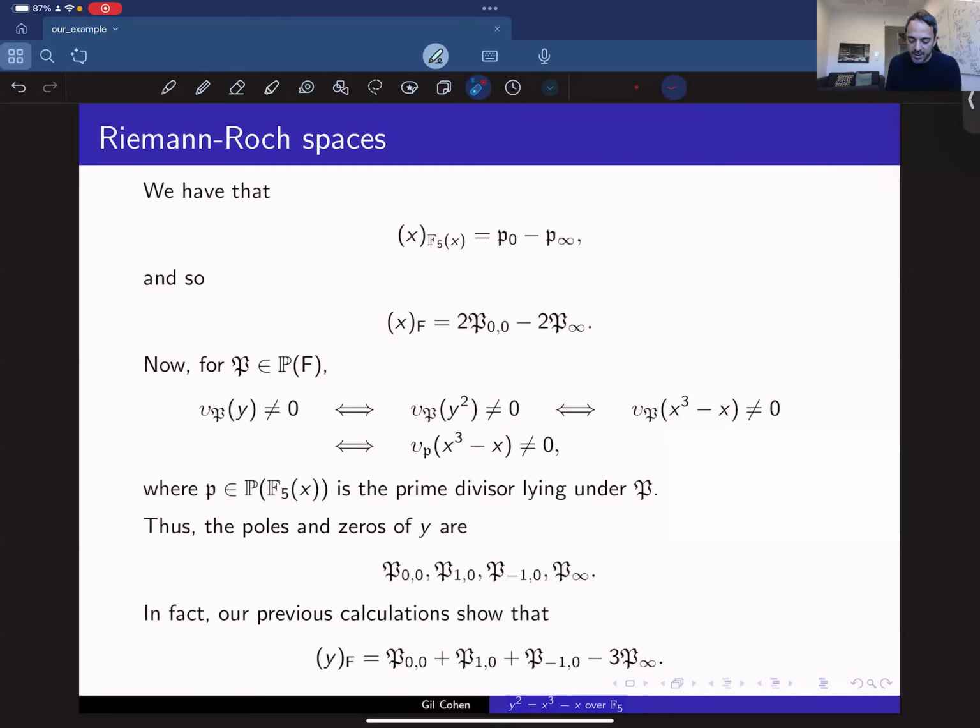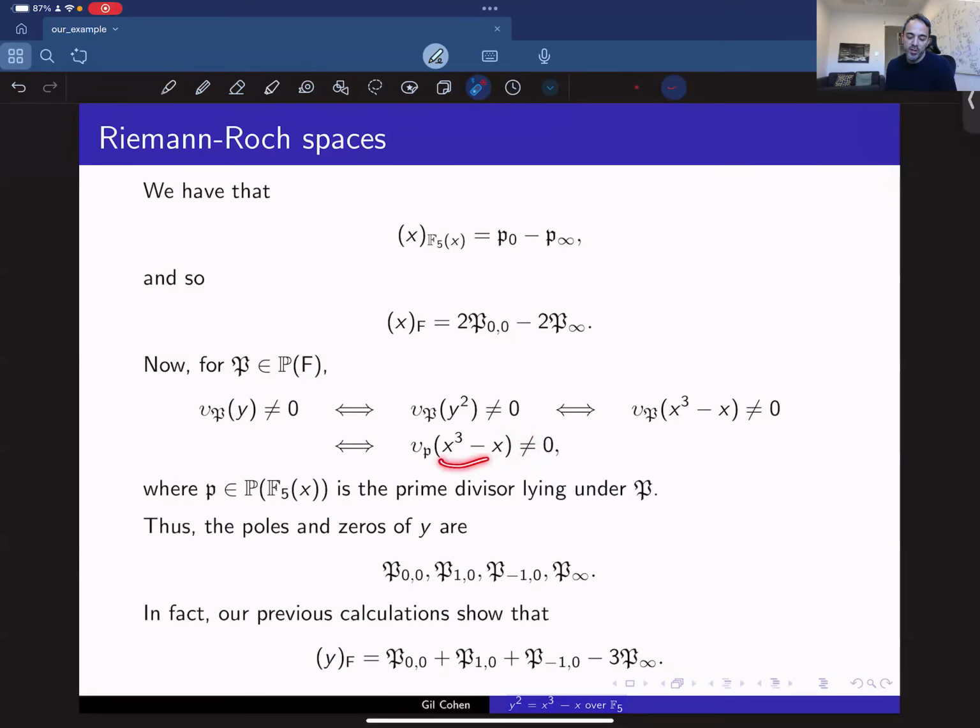So what I'm saying here is that any capital P that participates in the principal divisor of y must be above a small p for which this holds. Namely, I look at this function and ask what are the prime divisors for which it has either a 0 or a pole. Larger than 0 means a 0, and smaller than 0 means a pole.